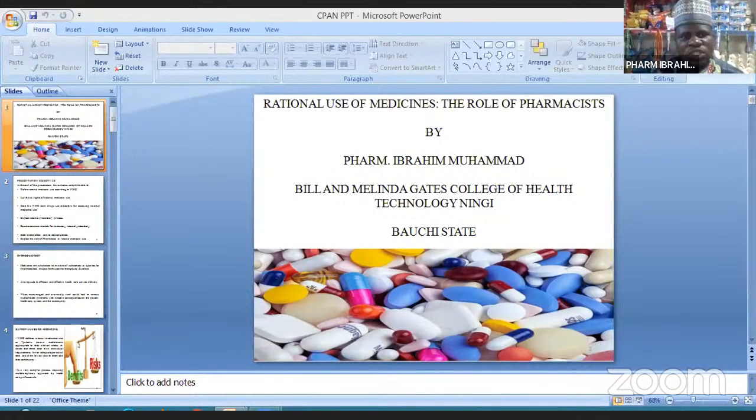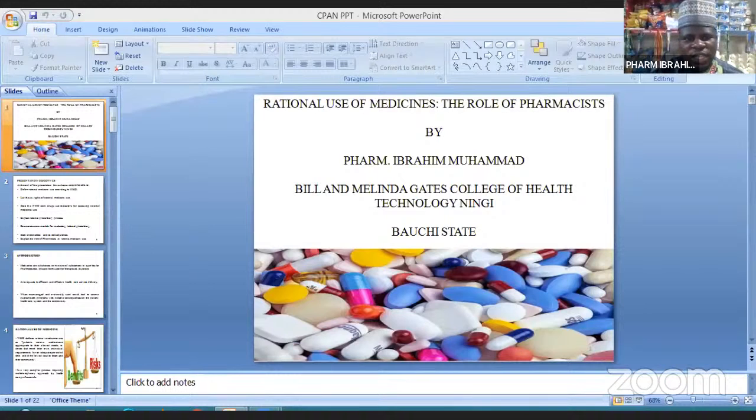Then you need to define the therapeutic goals. Are you trying to bring about cure? Are you trying to manage a particular condition? Are you trying to relieve the pain? Then, of course, the therapeutic goals need to be defined. Then after defining the therapeutic goals, of course, we have drugs that will be appropriate to address each of the defined therapeutic goals.